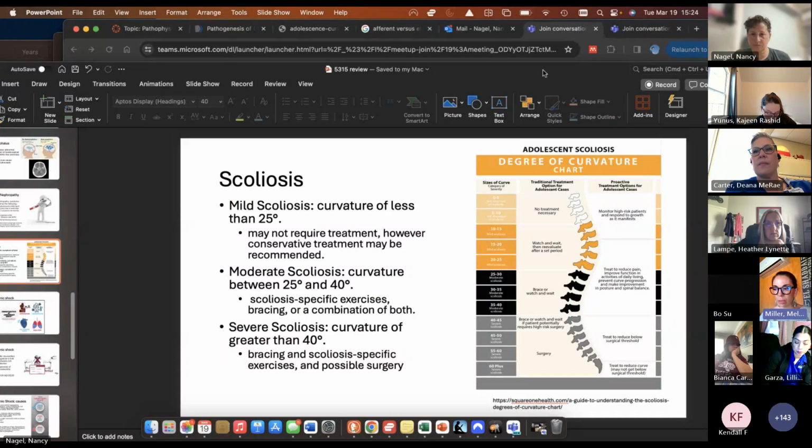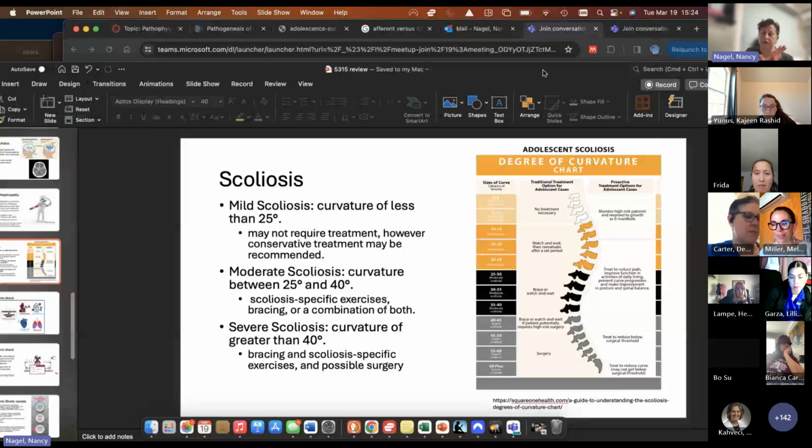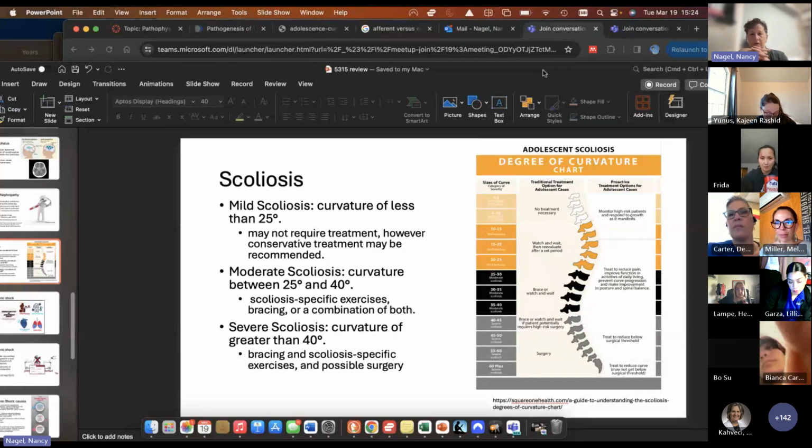Yes. Okay. So mild scoliosis is a curvature of the spine of less than 25%. It doesn't usually require treatment, although it might be recommended, especially if you get closer to the 20 to 25%, because one of the things they worry about, especially once you get into moderate scoliosis, is that those can continue to shift and cause additional problems and additional curvature.